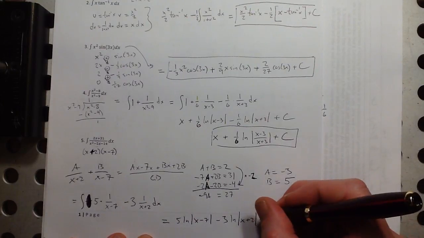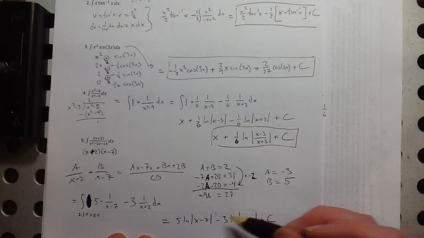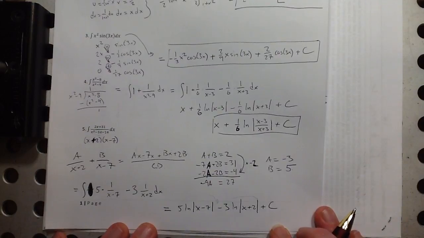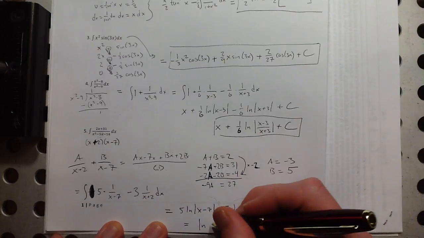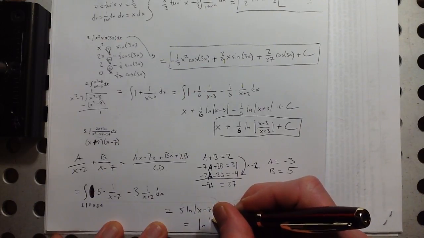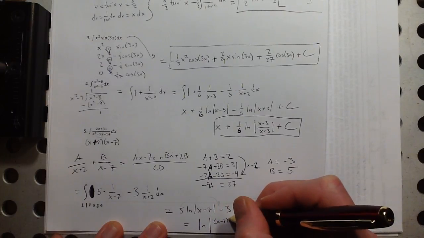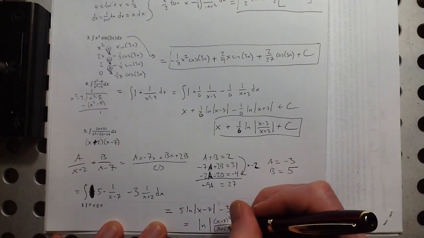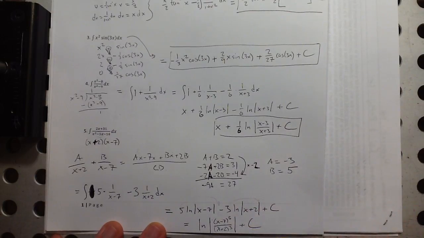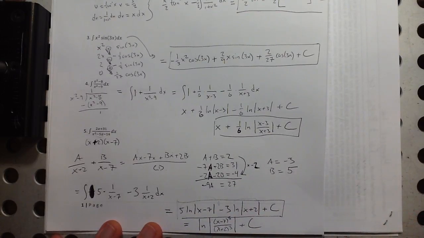So do you simplify this? Well, you could bring these in as exponents and then do that. So you could simplify this to natural log of, you could put this all in one big absolute value sign if you wanted to, x minus 7 to the 5th over x plus 2 to the 3rd, plus C. You could simplify it to that, but oftentimes in my experience the aesthetic seems to be that when these are different coefficients you don't necessarily need to do that.